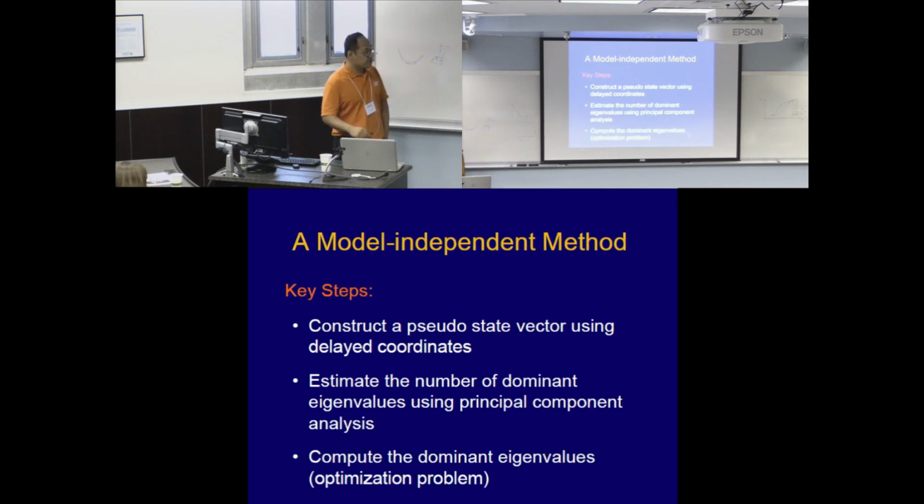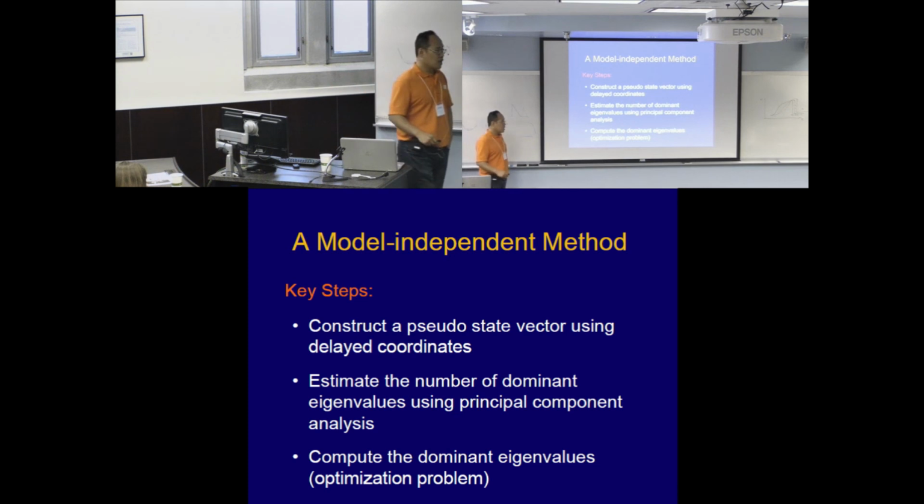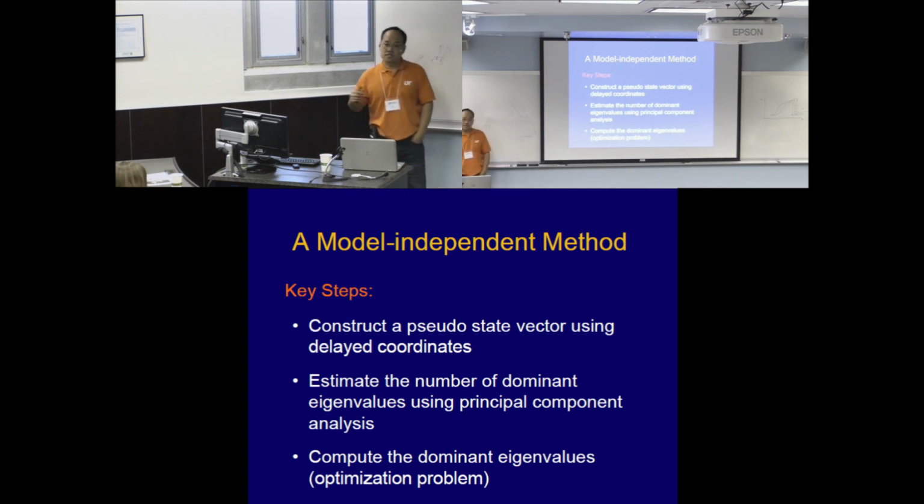And eventually, you need to compute the dominant eigenvalue, but this involves some optimization statistics, for example, maximum likelihood estimation, and so on, to estimate the number of dominant eigenvalues and the eigenvalues.